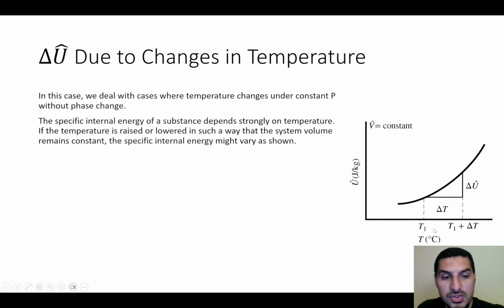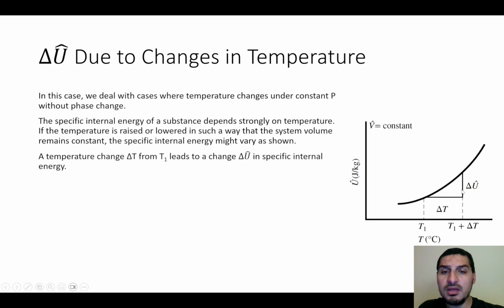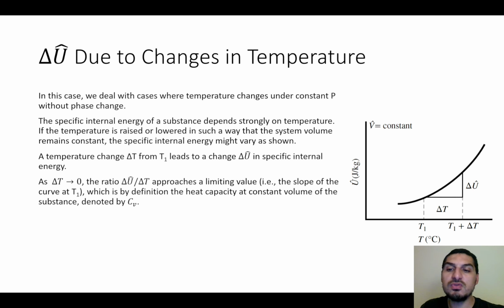The temperature is increasing from T1 to T1 plus delta T. So this is a differential change in temperature, or an incremental change in temperature, whatever name you want to give. But for the differential temperature change, we will have a differential internal energy change, and this delta U that corresponds to this delta T is what we can use to get the relation.